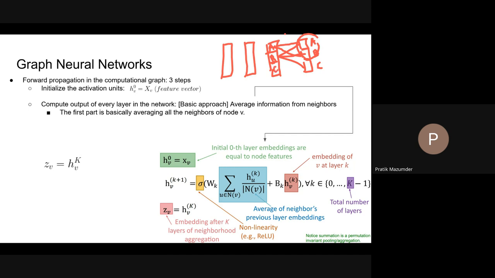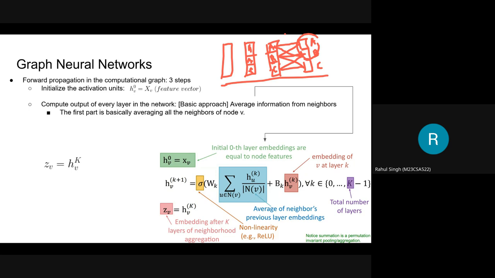And for C, suppose C is only connected to B, so C will only consider the values of B and C in order to find the updated representation. Okay, is this portion clear? Because this is the basis of your entire graph neural networks. Again, at the next level, you will do the same thing.